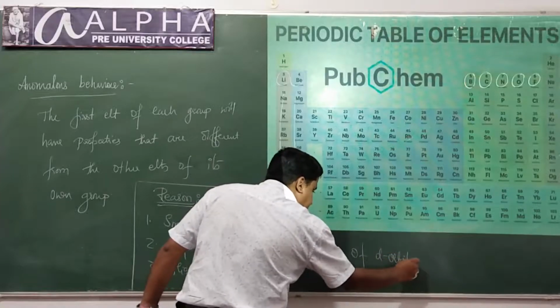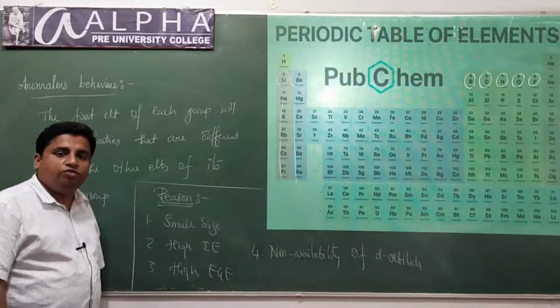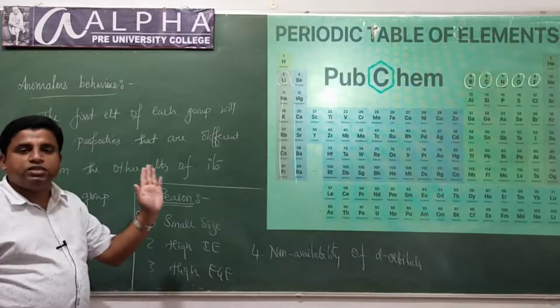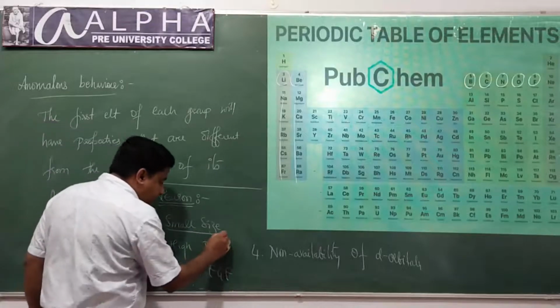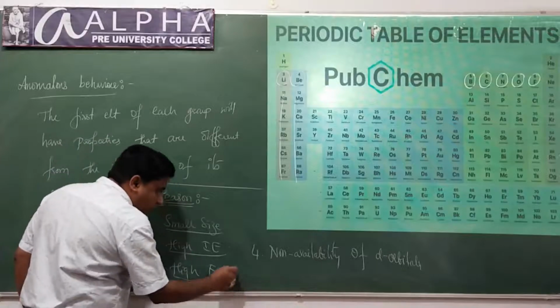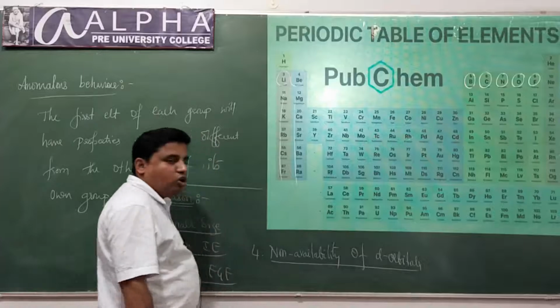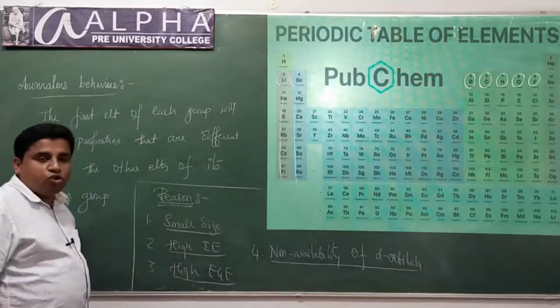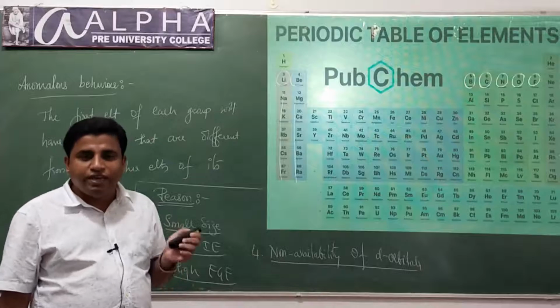These are the reasons for the anomalous behavior of the first elements in their own group. What are those reasons? Small size, high ionization enthalpy, high electron gain enthalpy, and the non-availability of d orbitals. So these are the reasons for anomalous behavior of the first elements of each group.